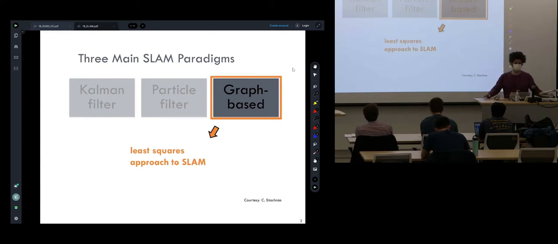Those were categories of SLAM methods that were using filtering-based methods. And as we discussed in the filtering methods, we marginalize past information. Every time we predict, we marginalize in the Bayes rule. So we don't keep the history. We only estimate the latest, let's say, robot pose.